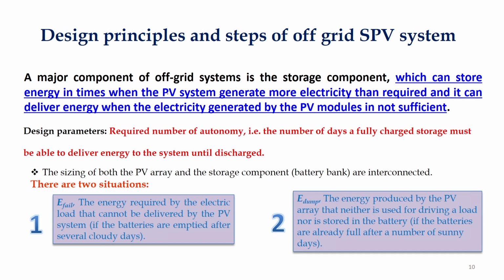A major component of an off-grid system is the storage component, which can store energy when the PV system generates more energy than required, and can deliver energy when the electricity generated by the PV module is not sufficient. Okay. Also, we need to know how many days of autonomy are required.